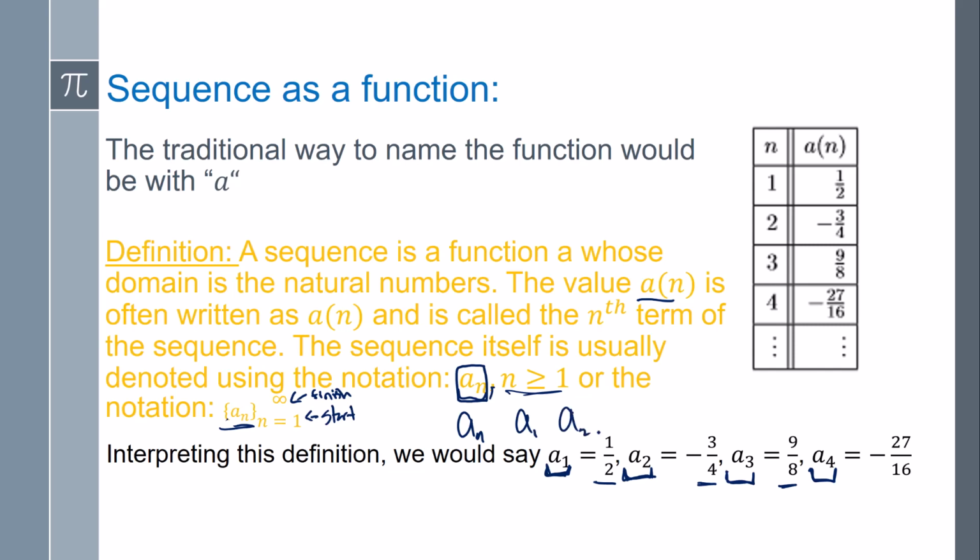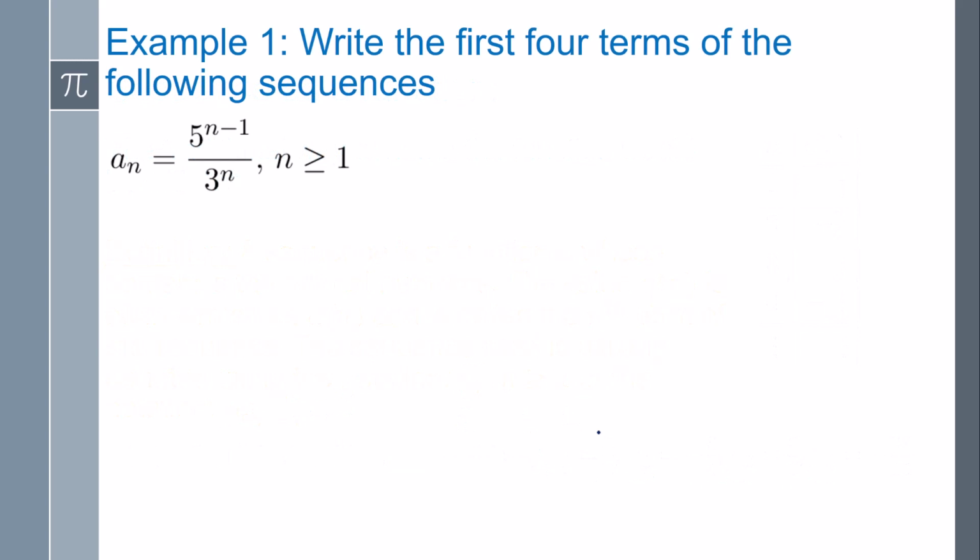So let's look at a few examples. Write the first 4 terms of the following sequence. So here's our function. It's telling you to start with 1. So we just plug in 1. So 5 to the 1 minus 1 over 3 to the 1. Well, 1 minus 1 is 0. Anything to the 0 power is 1.